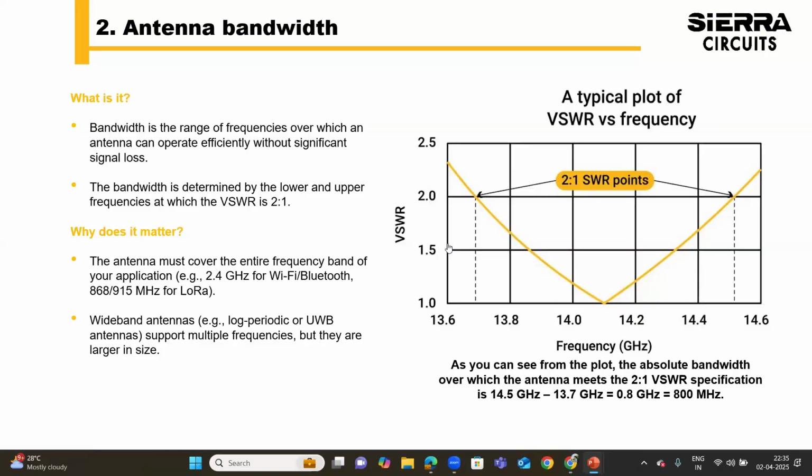The antenna must cover the entire frequency band of your application. For example, 2.4 gigahertz for Wi-Fi or Bluetooth, and 868 to 915 megahertz for LoRa. Also, wideband antennas like log periodic or UWB antennas support multiple frequencies, but may be larger in size.